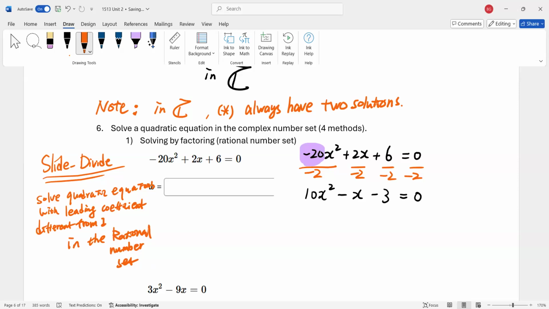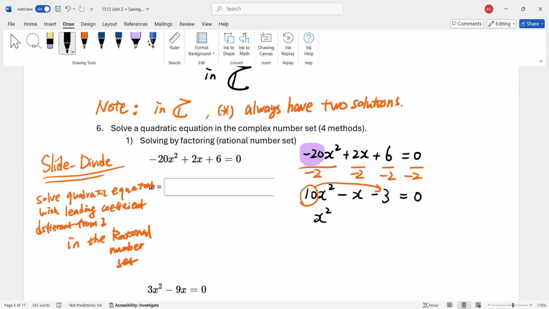We do not like leading coefficient different from 1. We like the leading coefficient to be 1. So we're going to slide it away, not far away. Slide 10 away to be with the constant and create a new equation. The new equation is x squared. Since the 10 in front of x squared is slid away, there's nothing in front of x squared, right?